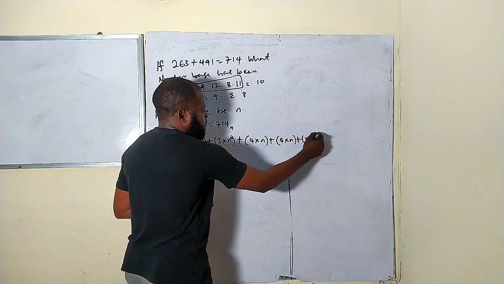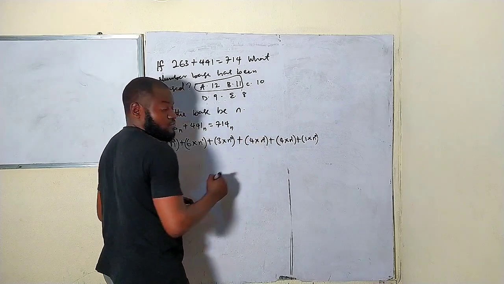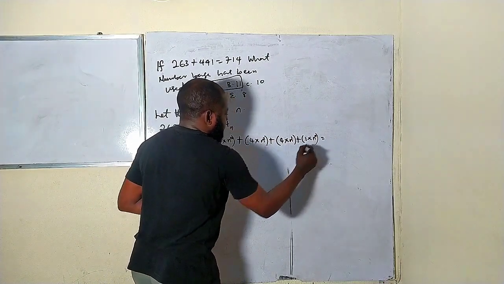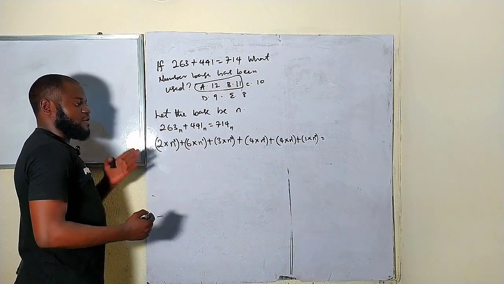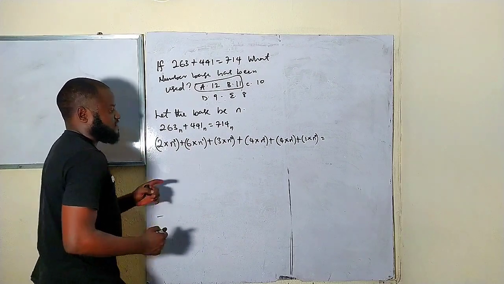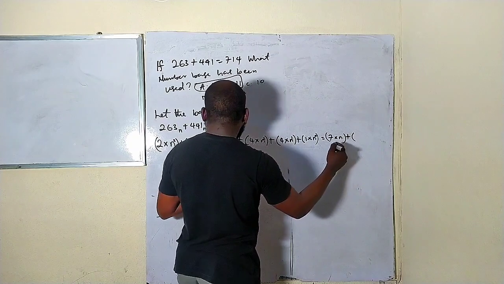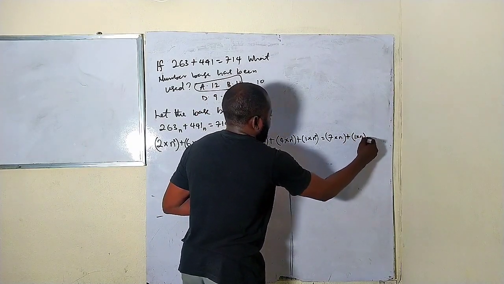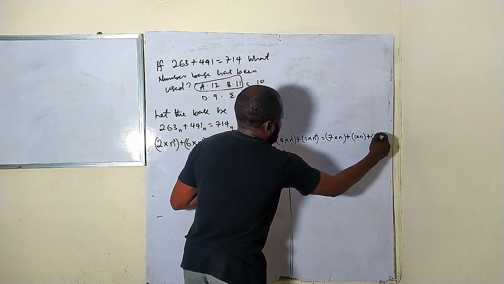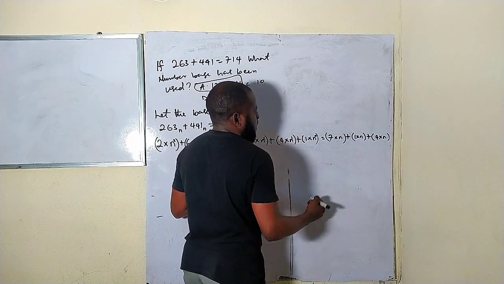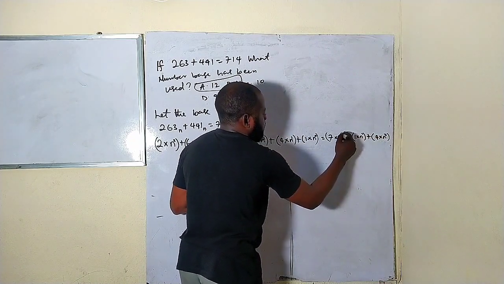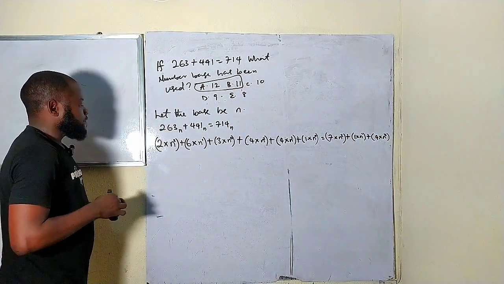So do the same thing to this, 0, 1, 2. Are you following? And then equal to 7 times n plus 1 times n plus 4 times n, and that will be 0, 1, 2. Is that taken now?